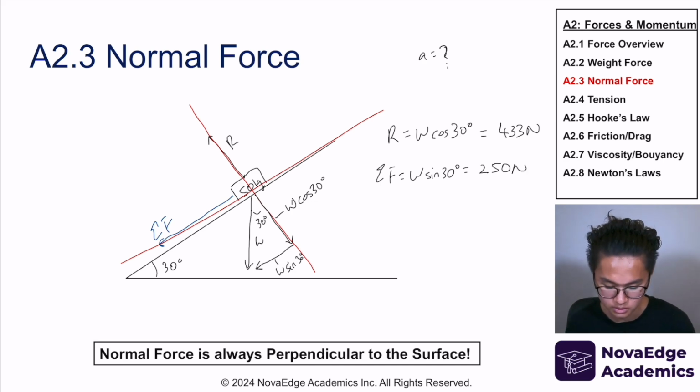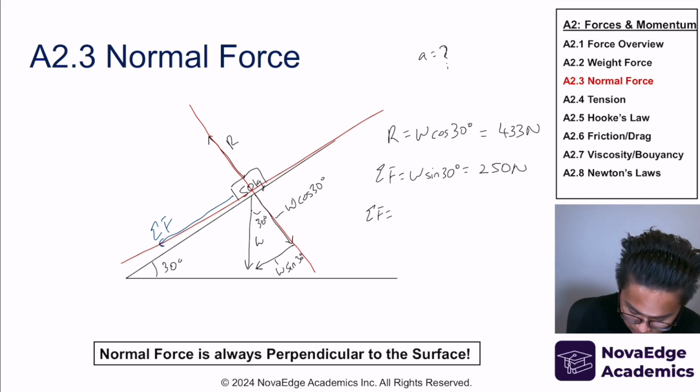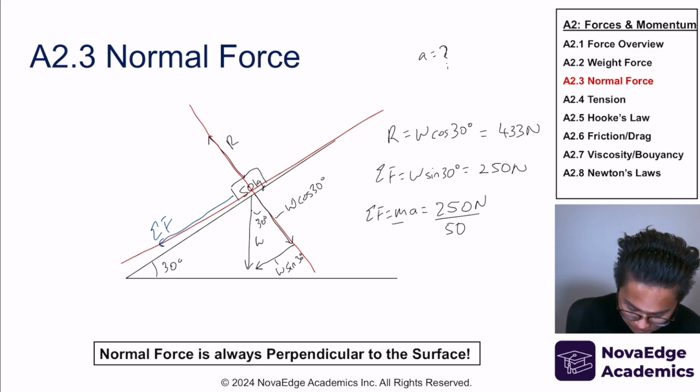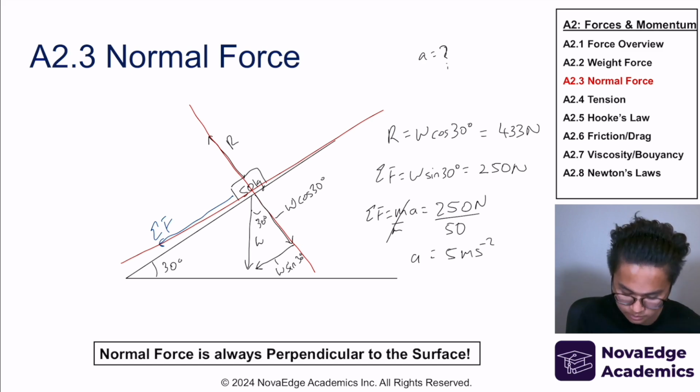Now, because we know the net force, I can find the acceleration of the object. The net force is equal to ma, which is equal to 250 newtons. So if I divide both sides by the mass, which is just dividing by 50, I get that acceleration is equal to 5 meters per second squared.